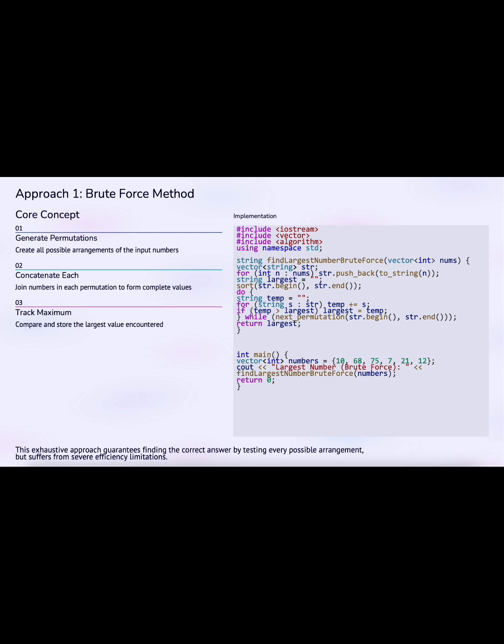In the main function, we pass a vector like 10, 68, 75, 7, 21 and 12 to the function and print the output. The program correctly outputs 7, 75, 68, 21, 12 and 10. But because it checks every possible order, its time complexity is O of n factorial, making it suitable only for very small inputs. This guarantees the correct answer but at the cost of factorial time complexity.